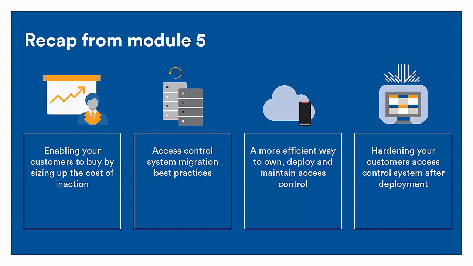We then introduced a more efficient way to own, deploy, and maintain access control. It's what we call access control as a service, where there are fewer components to deploy and to maintain in your customer's system. We then ended off the module with physical and cyber risks to an access control system, along with recommendations on what you can do to harden your customer's system after it has been deployed.